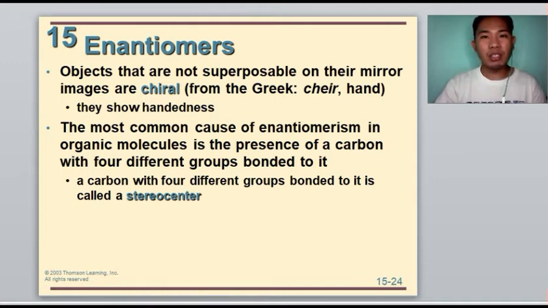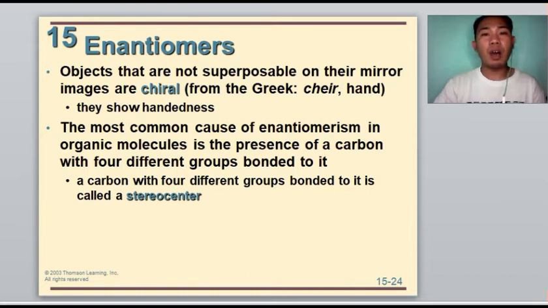A machine screw with a right-handed twist is said to be chiral. A ship's propeller is chiral. As we examine the objects in the world around us, we will undoubtedly conclude that the vast majority of them are chiral.